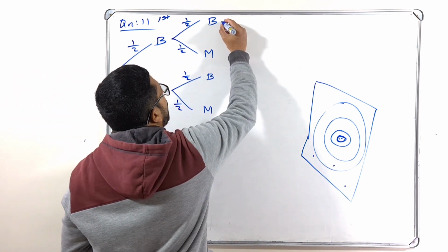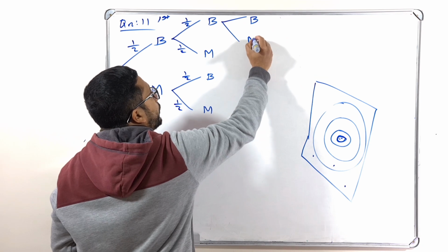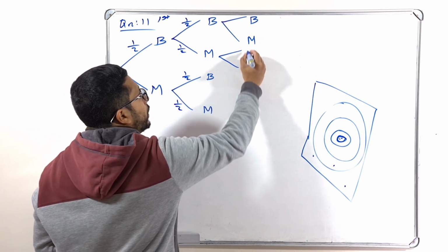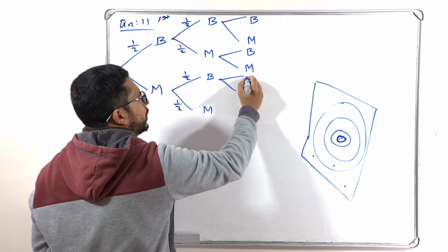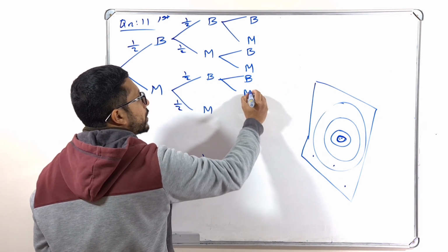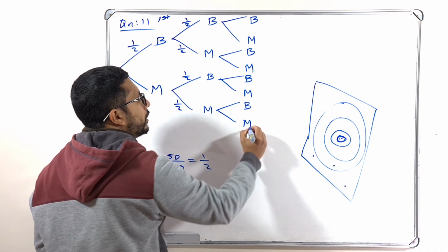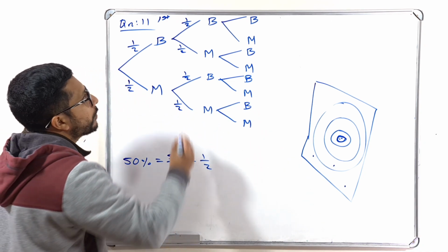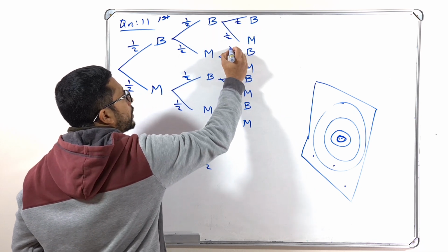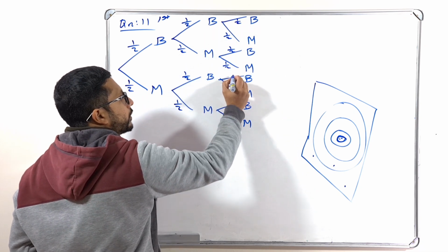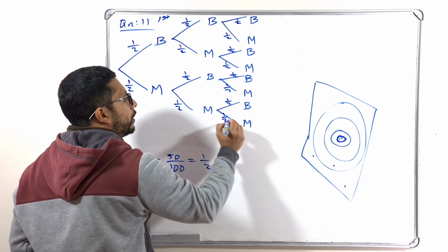Then the third shot: again hitting the bullseye or missing at each branch. In all of them, hitting the bullseye or missing is 1 over 2.